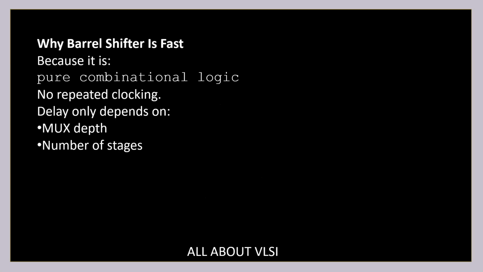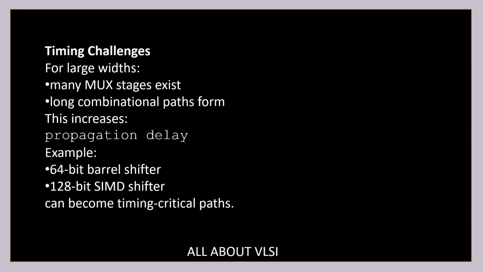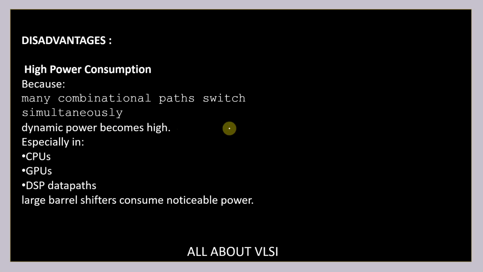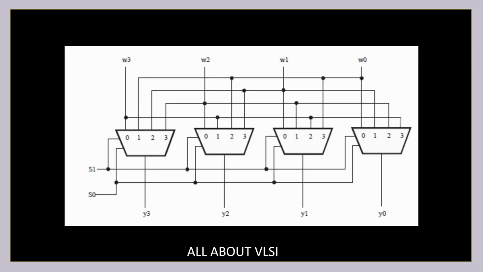But there are some disadvantages also. For larger widths, more multiplexer stages exist, which makes larger combinational paths and increases the propagation delay. Since I am speaking about multiplexers, let's see the diagram and architecture to understand the disadvantages and why we are using a multiplexer.